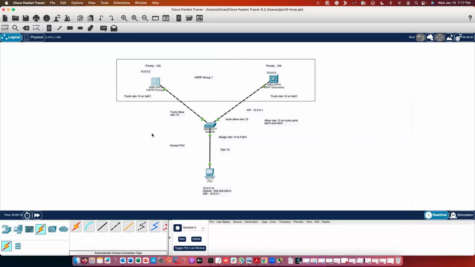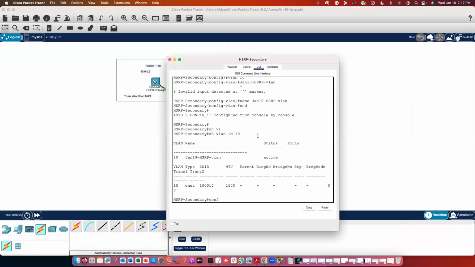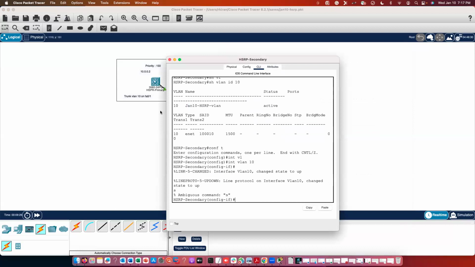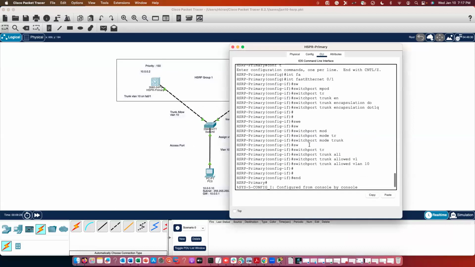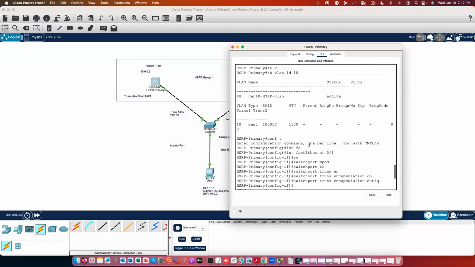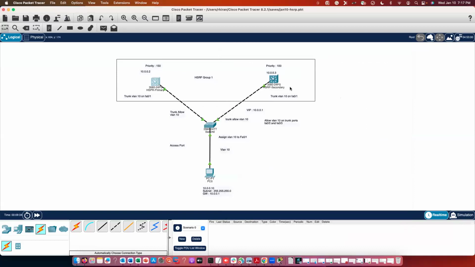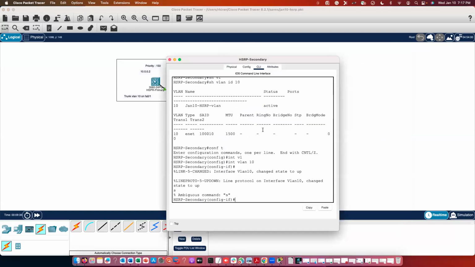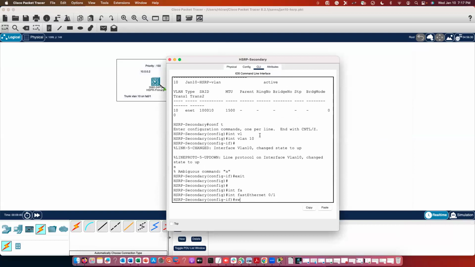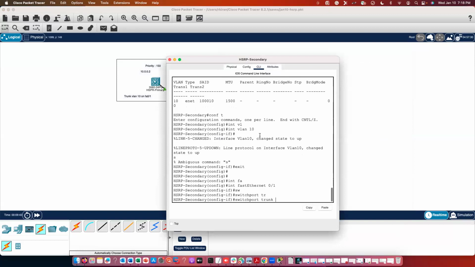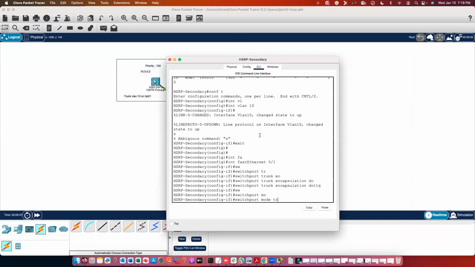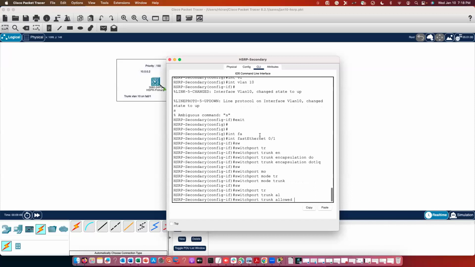Okay, similarly here, config terminal, interface FA0/1, switchport trunk encapsulation dot1Q, switchport mode trunk, switchport trunk allowed VLAN 10.